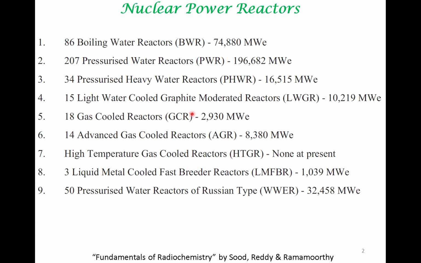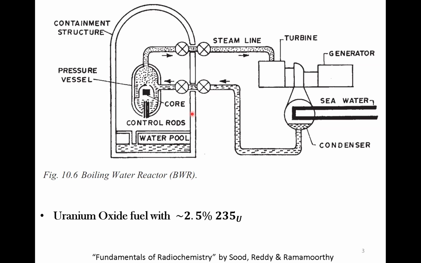We will just restrict our discussion to a few things within the scope of this course. So the most common fuel is a solid uranium oxide fuel. It has, let's say, in this boiling water reactor, the amount of U-235 is about 2.5%.